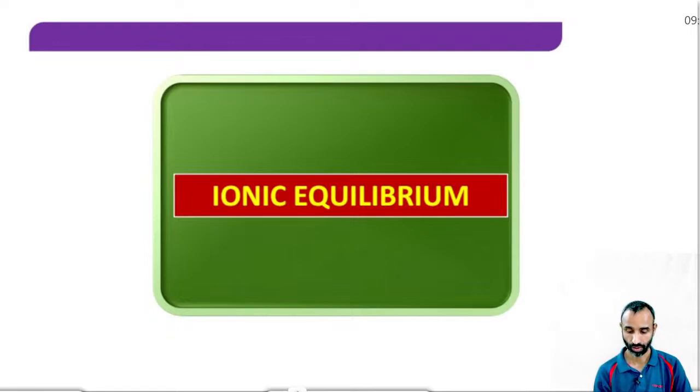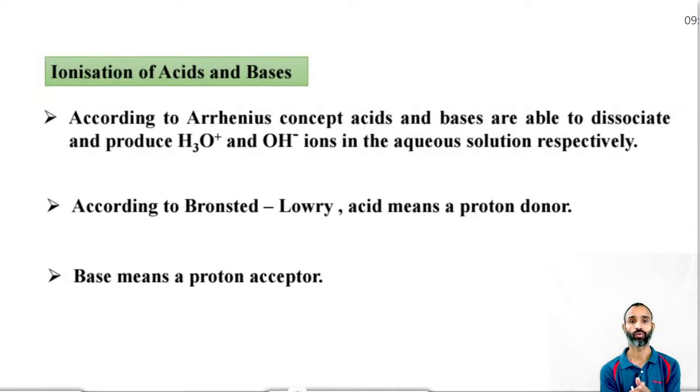Today's topic is ionic equilibrium. When we deal with ionization of acids and bases, according to Arrhenius concept, acids and bases are able to dissociate in aqueous solution.